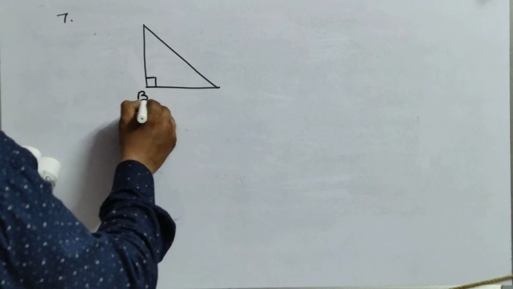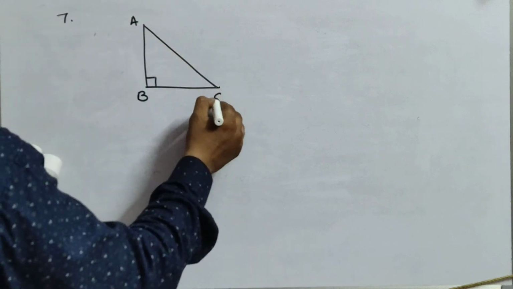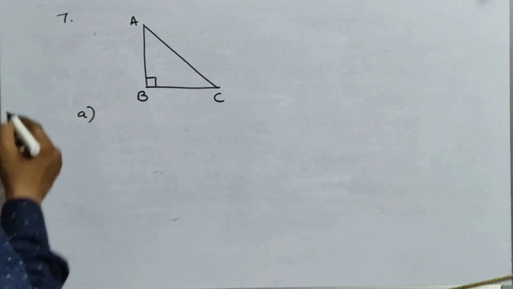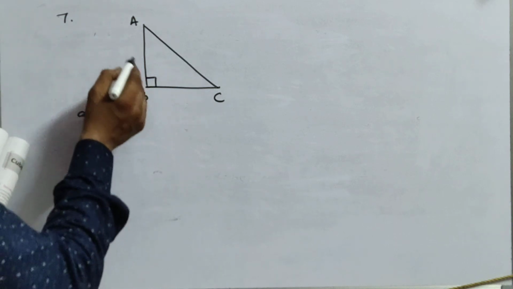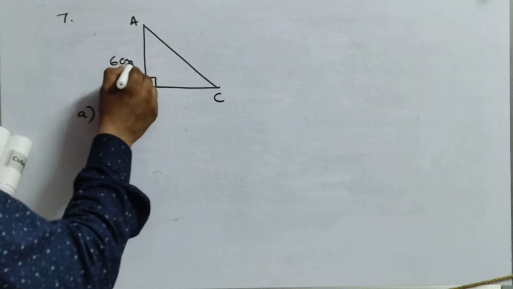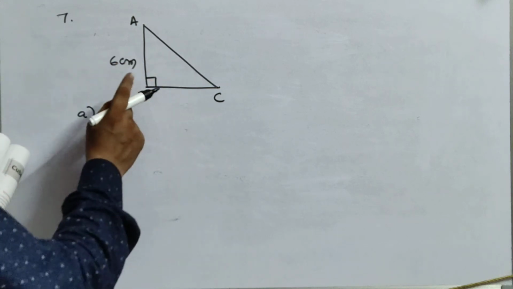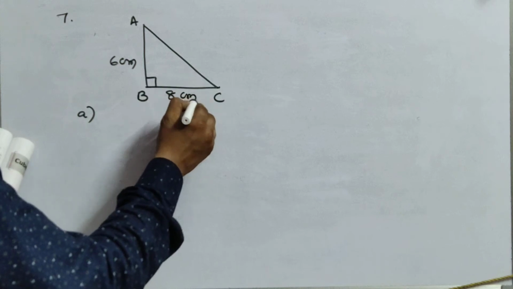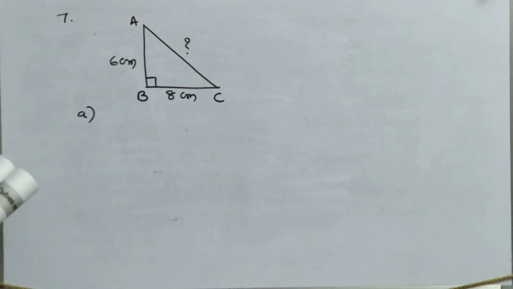Here you wrote B 90. So ABC is a right triangle. And in the first question, see what he has given. AB is 6 centimeters, and BC is 8 centimeters. He is asking to find AC.